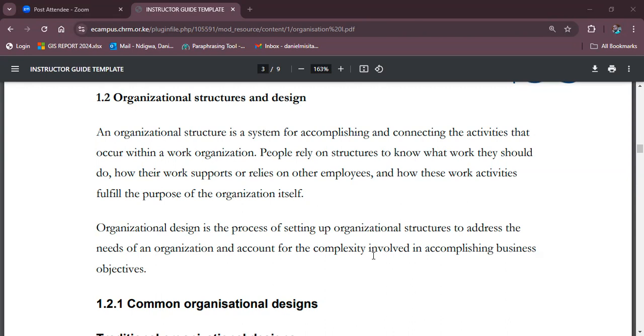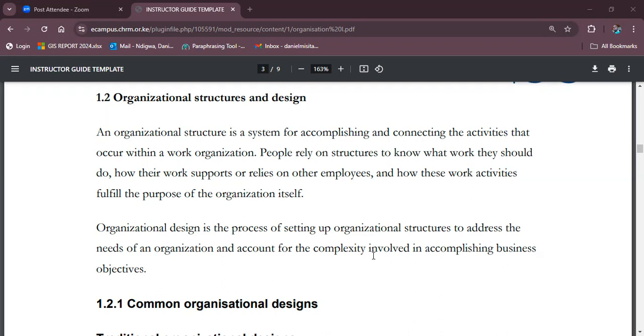Those organizations that have been able to increase their performance on a day-to-day basis have come up with a structure that is well understood by all the employees within that organization. And that is why you find some of these organizations are doing a great job when it comes to performance, because every employee knows exactly what they're supposed to do. A good example you can talk about is Safaricom.